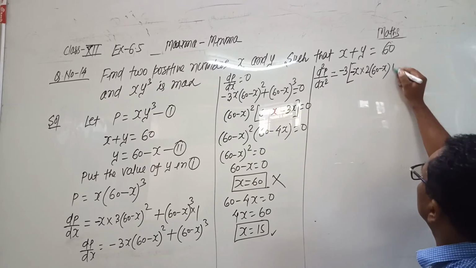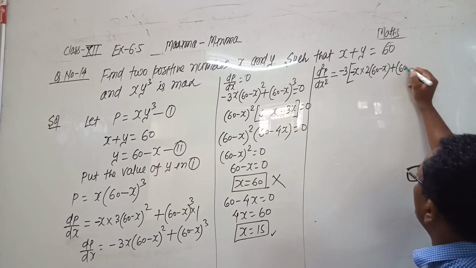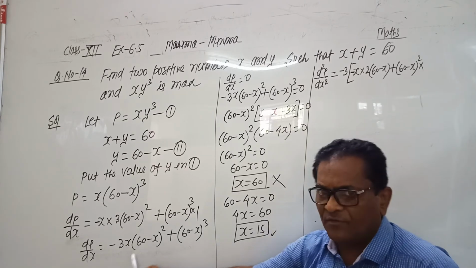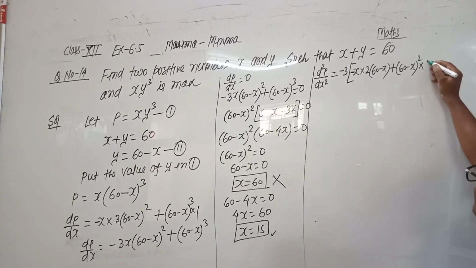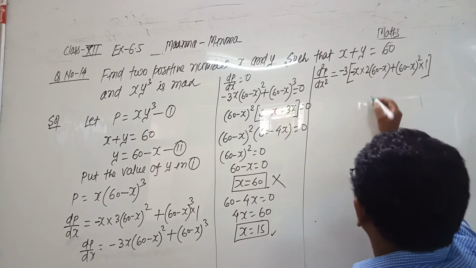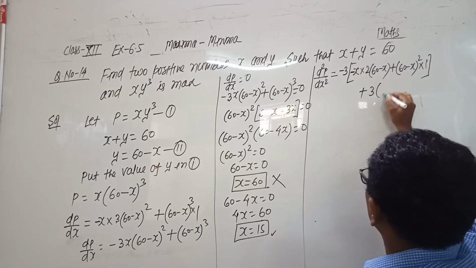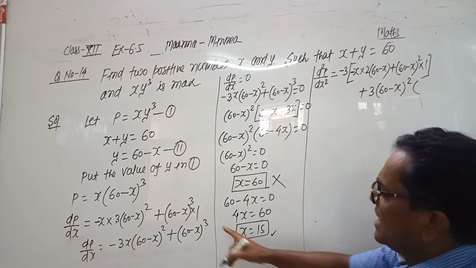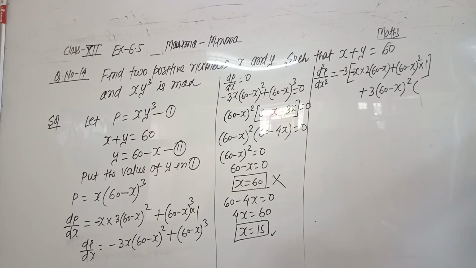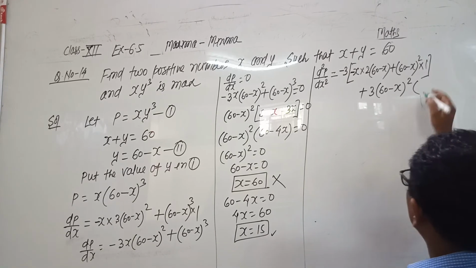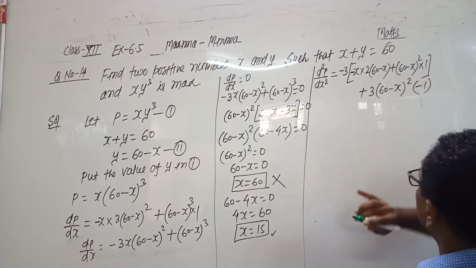Then plus 60 minus x the whole square, and differentiation of x is 1. Then we differentiate the next term, plus 3 into 60 minus x the whole square, removing the cube, and differentiation of minus x is minus 1.